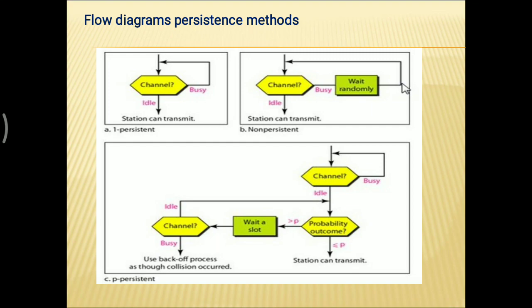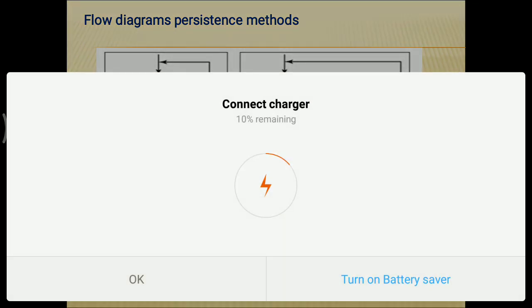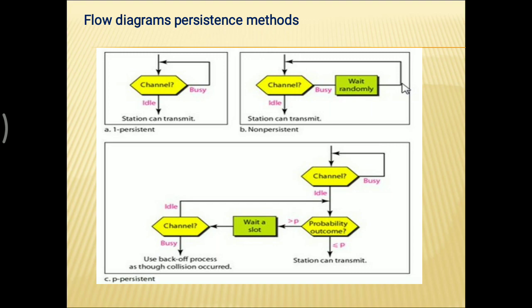This is the p-persistent method. Based upon these three methods, CSMA can reduce the collision but not completely eliminate it.